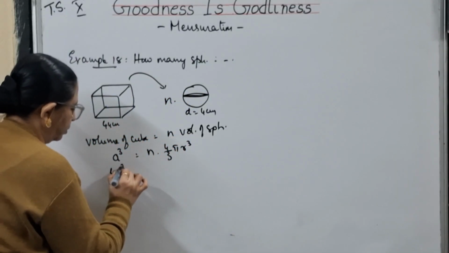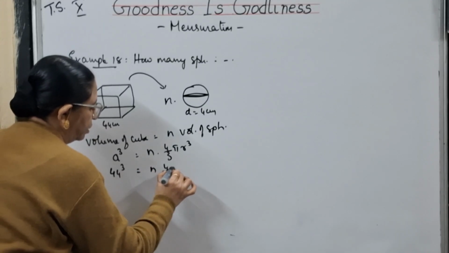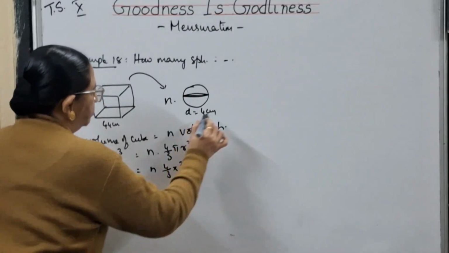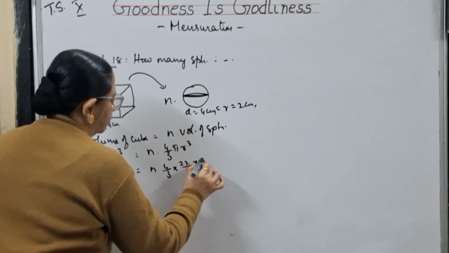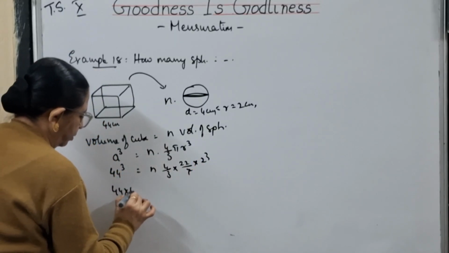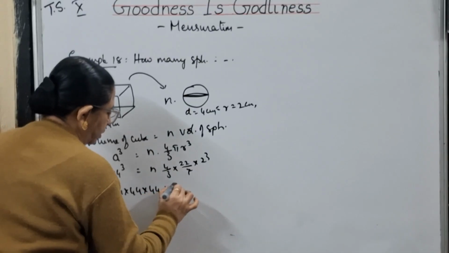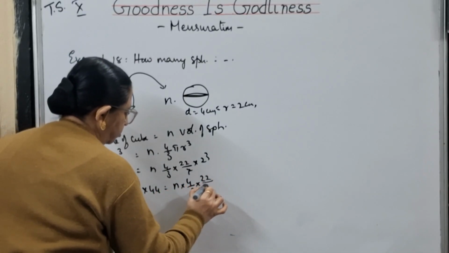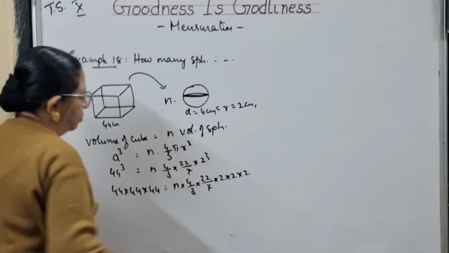So 44 cube is equal to n into 4 by 3 into 22 by 7 into radius. Diameter 4 means radius is 2 centimeters. So 2 cube. That means 44 into 44 into 44 is equal to n into 4 by 3 into 22 by 7 into 2 into 2 into 2.